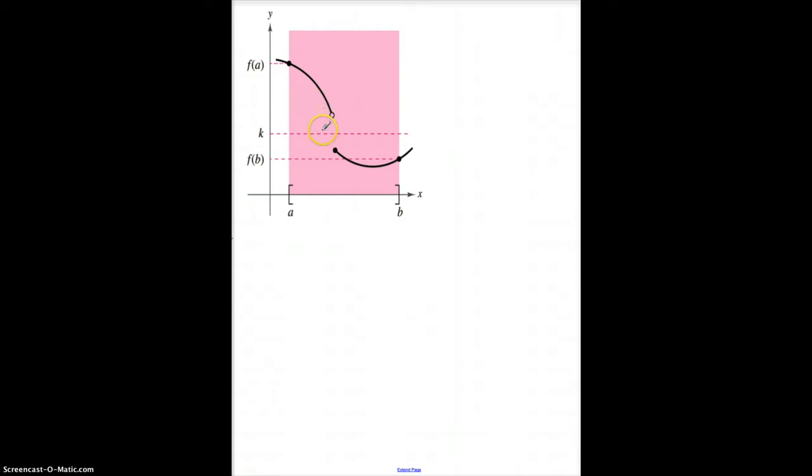You see, this has a discontinuity at this point, and we'll call this c. All right. There is a k in this break where even though c is between a and b, the value of k is not between f(a) and f(b).